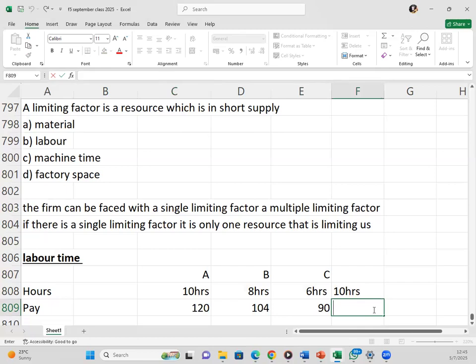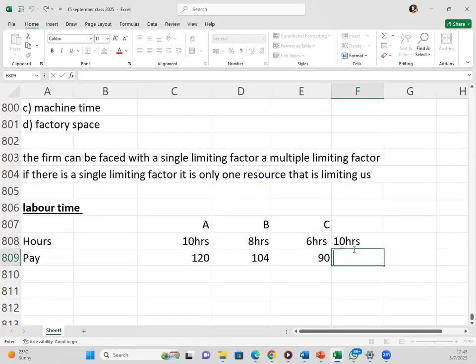So you are now faced with the decision of where you should put your labor time. The labor time is limited. If I could work in A, B, and C, it would be good, I could get the 120, the 104, and the 90, all of it.